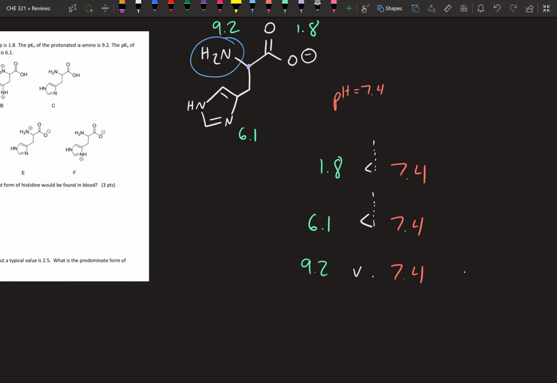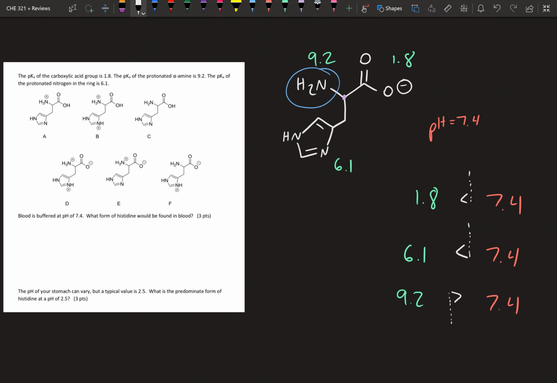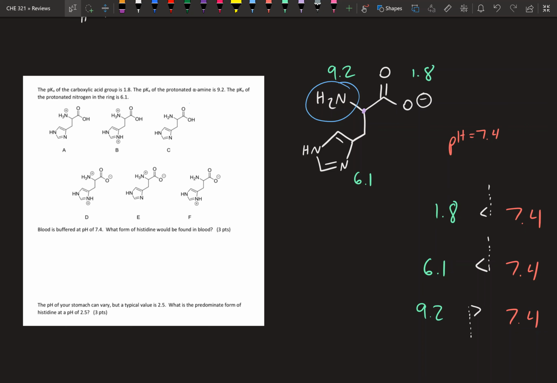Okay, and if you want to think of it the other way around, this 9.2 is greater, and so we're going to protonate. Okay, and so when we protonate these nitrogens, that H2 is going to become an H3, and if we calculate formal charge, it's going to now have a positive charge.